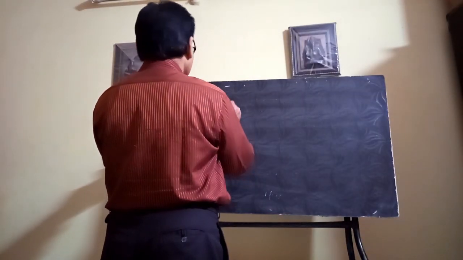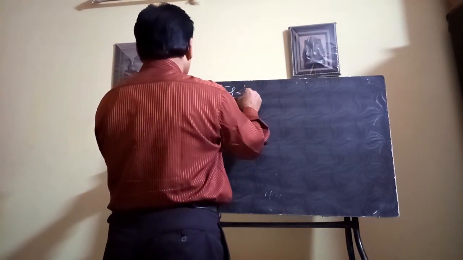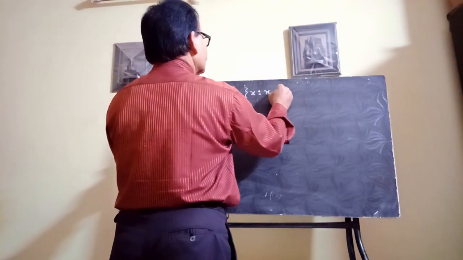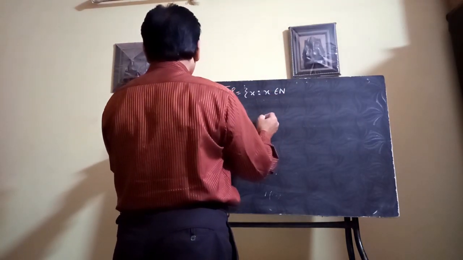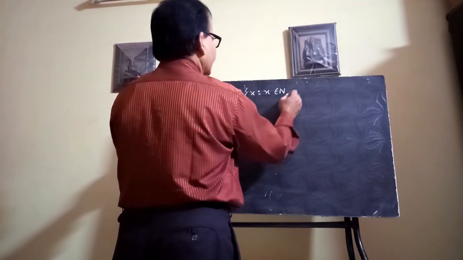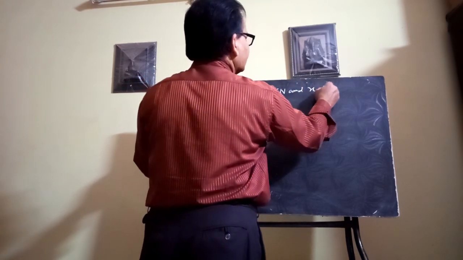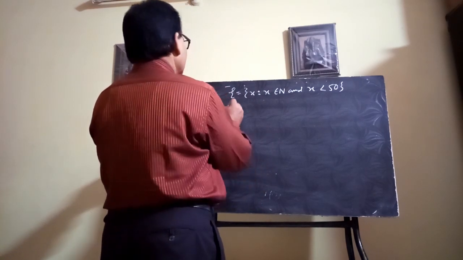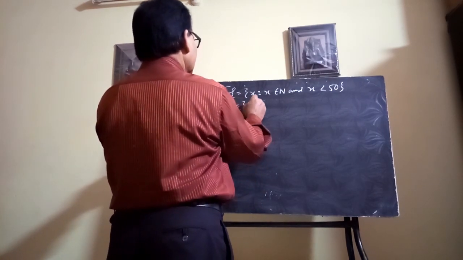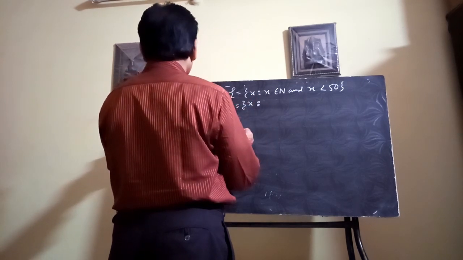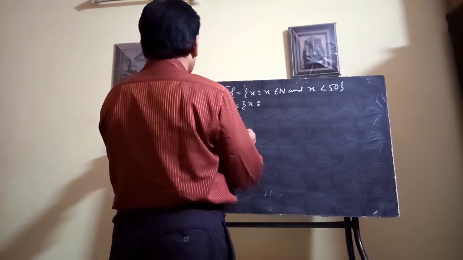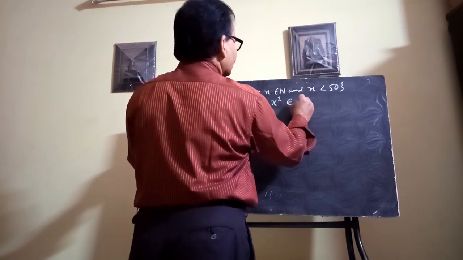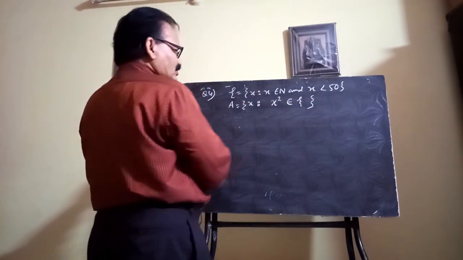Here the question says: the universal set is x such that x belongs to natural numbers and x is less than 50. This is your universal set. And your set A is the set of elements x such that x square belongs to the universal set. So this is your set A.